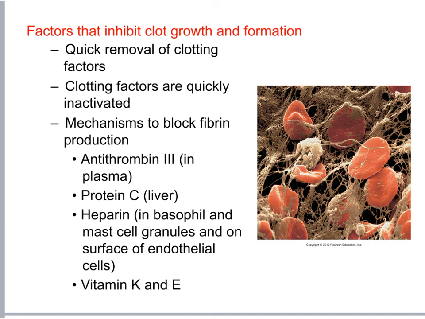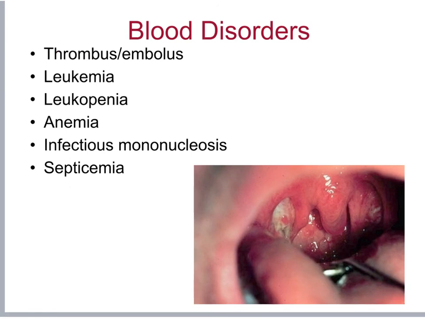It's also found on the surface of endothelial cells. Vitamins K and E also play a role in blocking fibrin production when you shouldn't have it. So these are all super important things, and there's actually a lot more than this. I just wanted to mention a few.